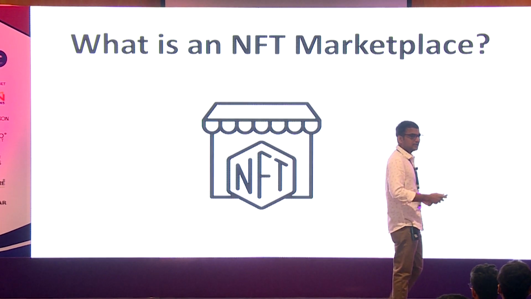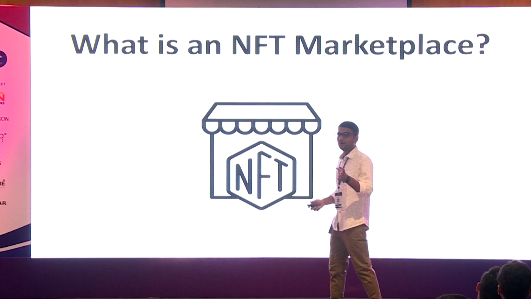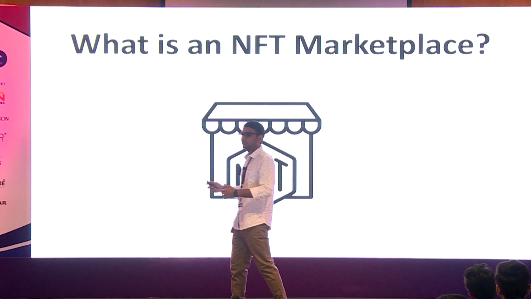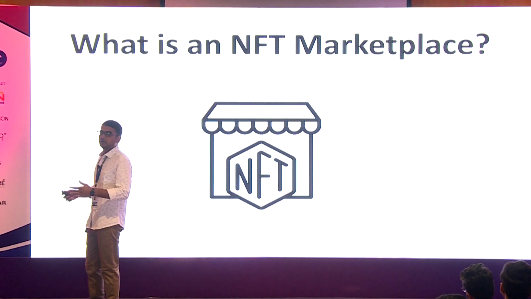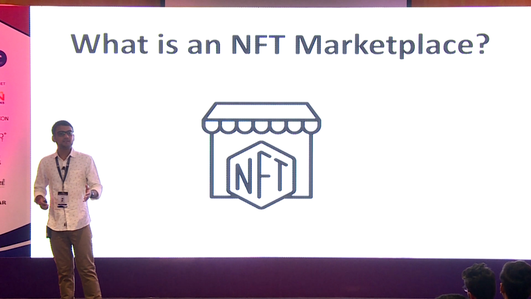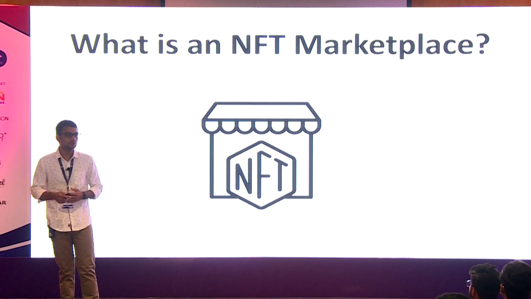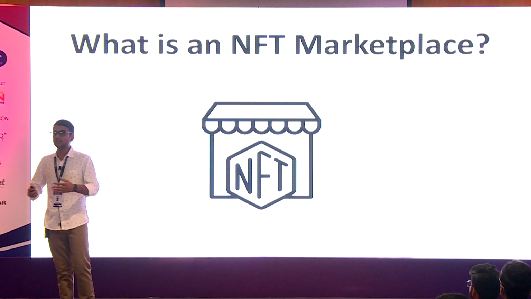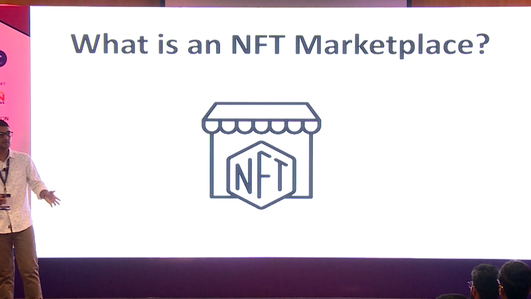When you go to the market, what things are required? You need money to buy something. In a similar way, when we go to a marketplace, we need money. In an NFT marketplace, that could be in the form of different cryptocurrencies based on what blockchain we are using. If we are using Ethereum, we need Ether. If we use Polygon, we use Matic.